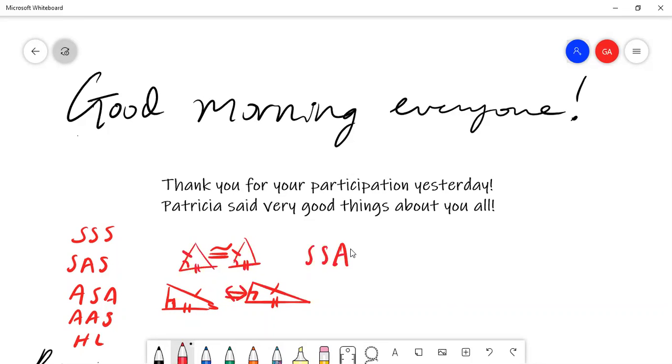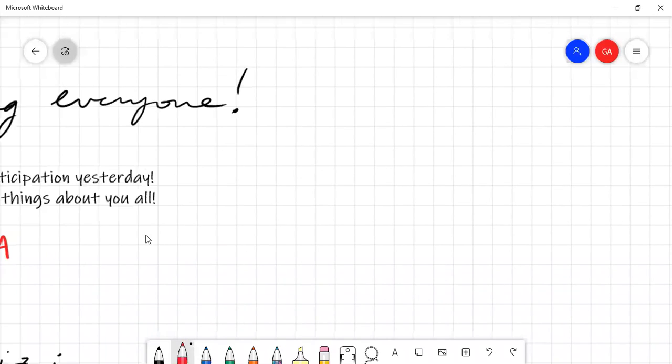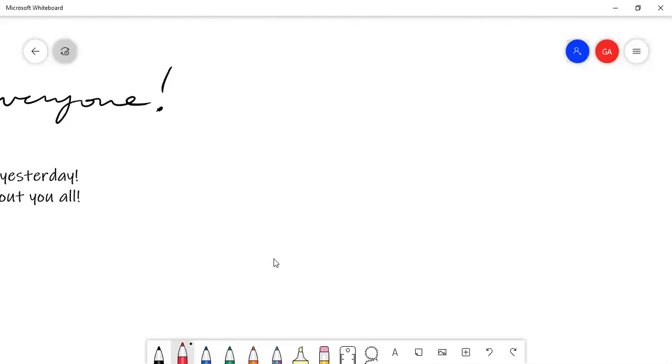So let's see here. Give me a sec, people. Okay, here's a good counterexample. So, why does SSA not work? I just found this in my little notes here.